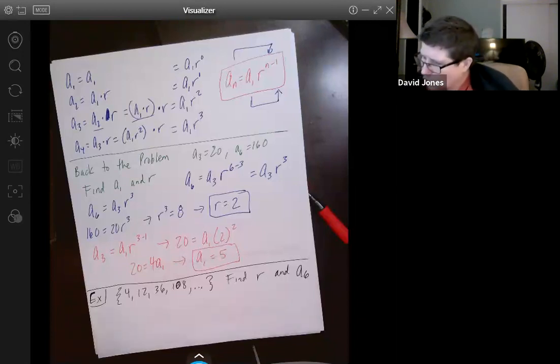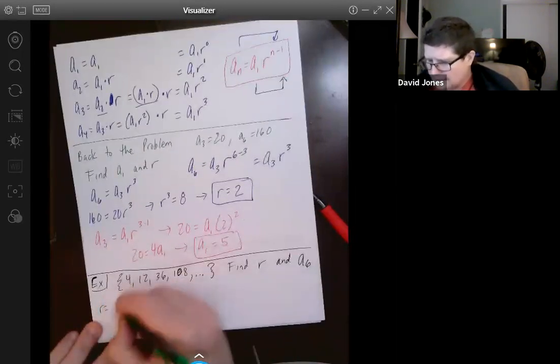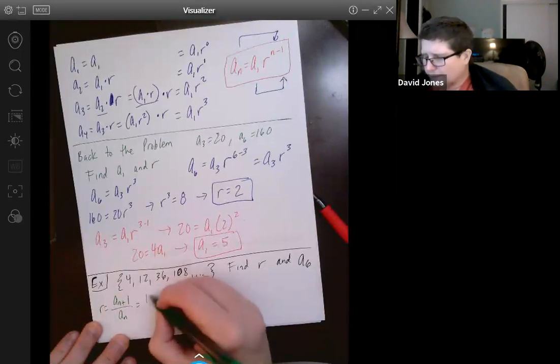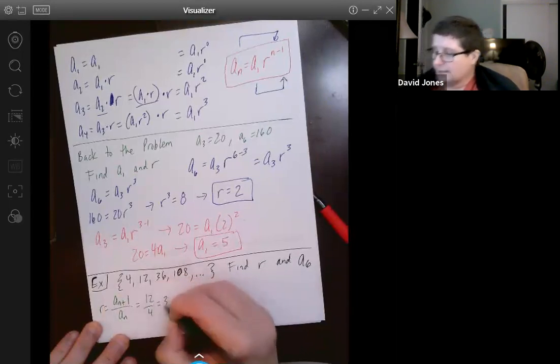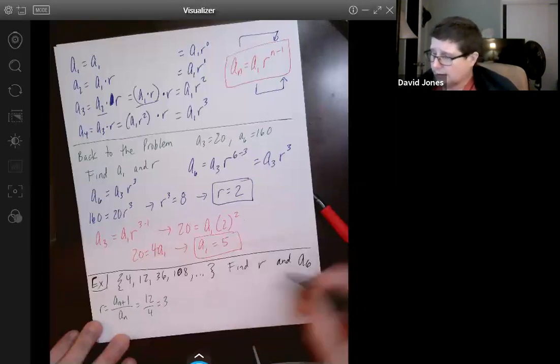All right, so what's r? We could take any two consecutive terms and divide. r is a sub n plus 1 over a sub n. I'll just use the first two terms. 12 over 4, that's the easiest one to do, is 3. So r equals 3.